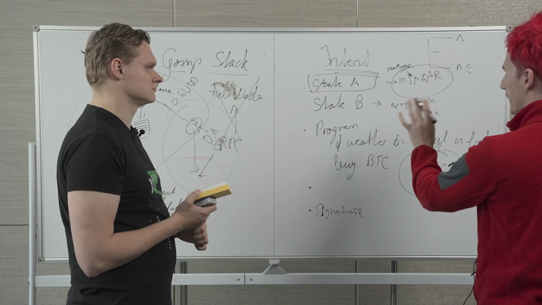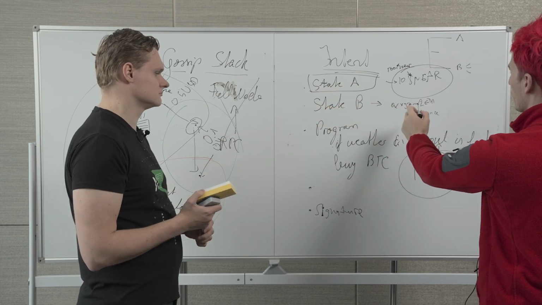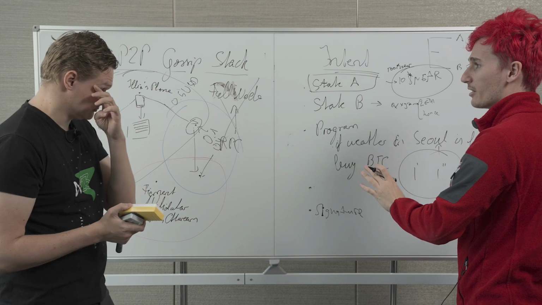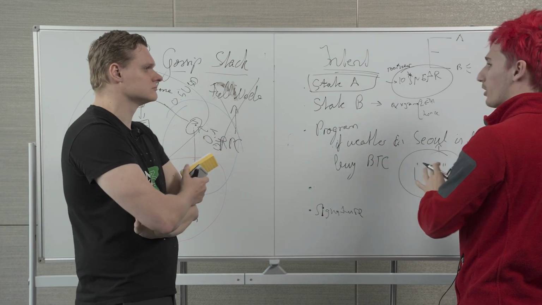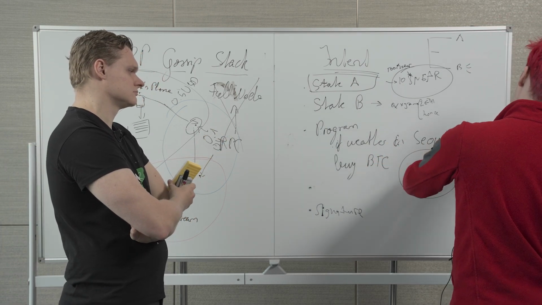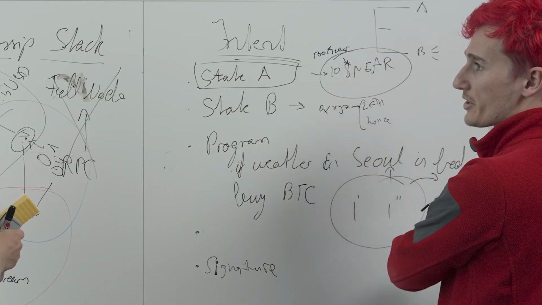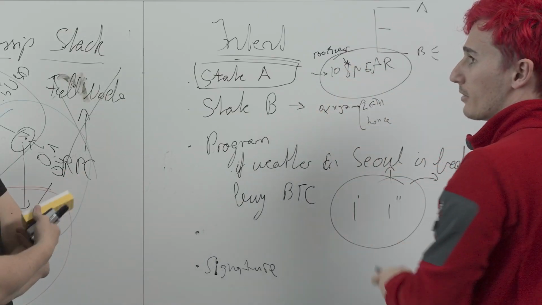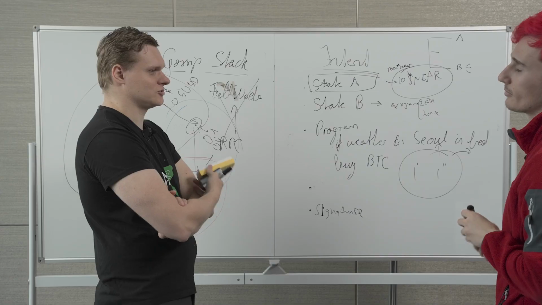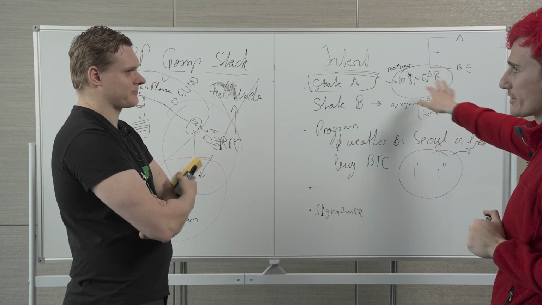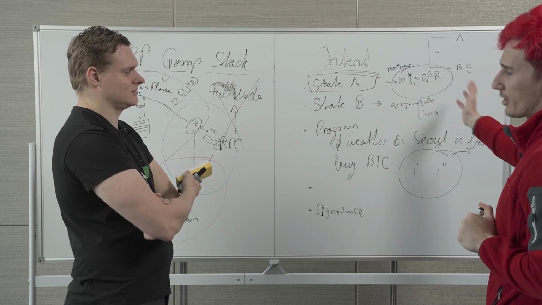In the Anoma virtual machine, because it's a resource machine, it's not an account model or UTXO model, you consume these resources and create new resources. UTXO, I understand. You're saying I want a new UTXO which is effectively this, but owned by my key. Yeah. So you have to emulate this on Ethereum, for example.